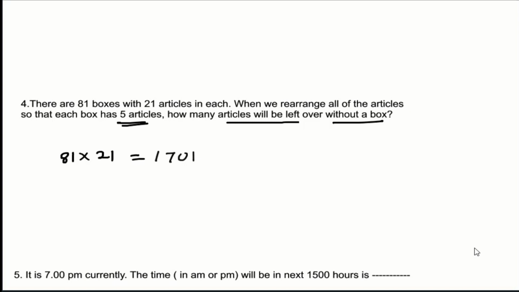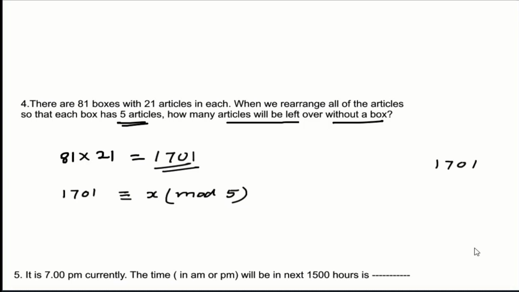This many articles you are arranging in boxes of 5. So 1701 is congruent to x mod 5. So how many articles will be left over? He's not asking you how many boxes are required. So what is the remainder? So that is how you should find.